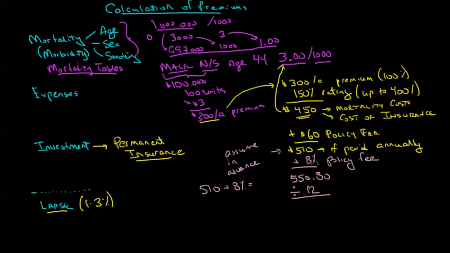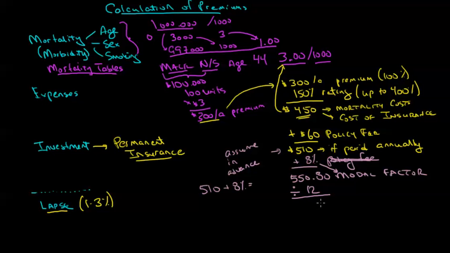And this amount, this 8%, sorry, that's not policy fee, I apologize. That's what we call the modal factor. We saw the policy fee up above. So this modal factor, this 8% modal factor, means you're using a mode of premium payments other than annually.